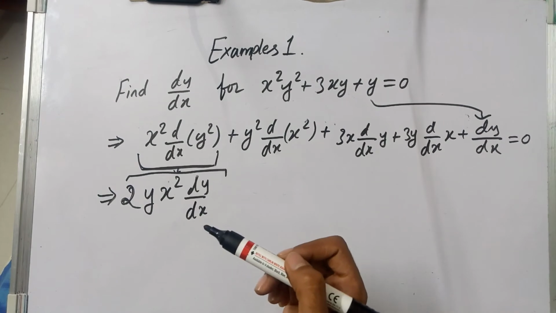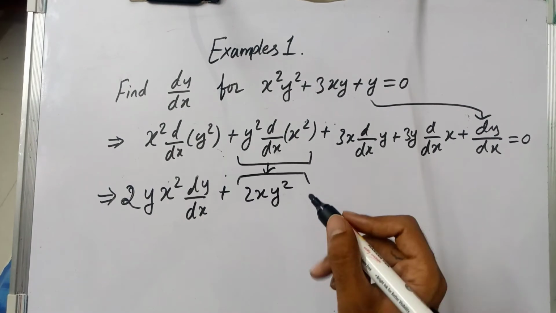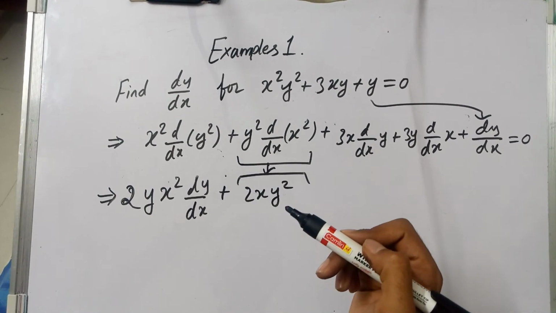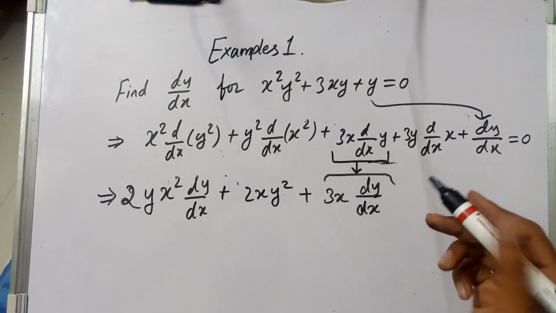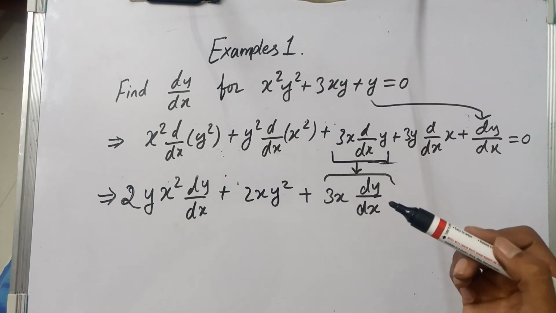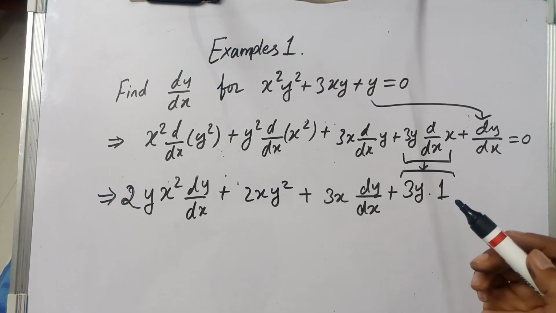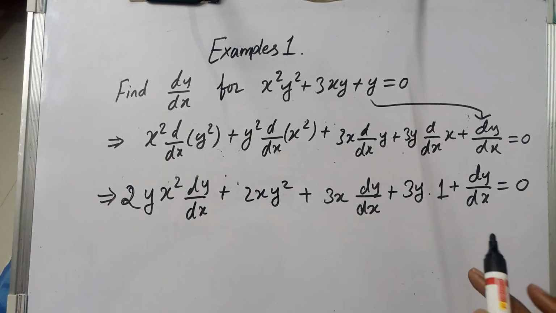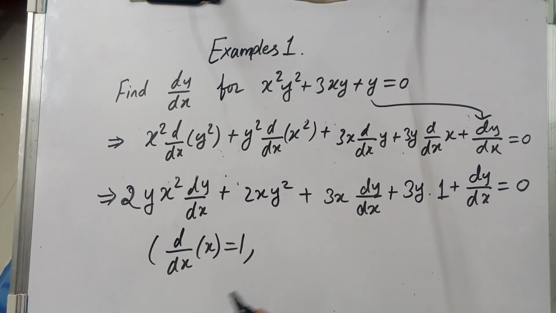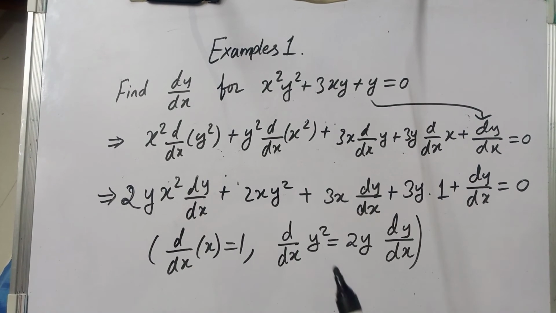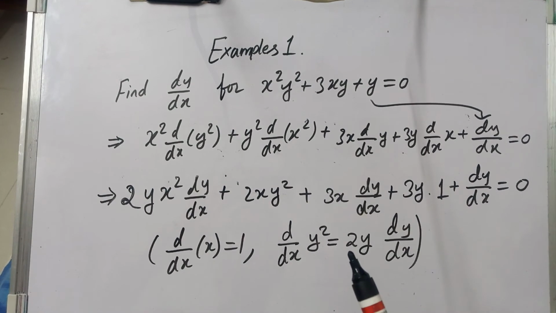This gives this, and this 3y into 1. Note, derivative of x is 1, derivative of y square is 2y into derivative of y.